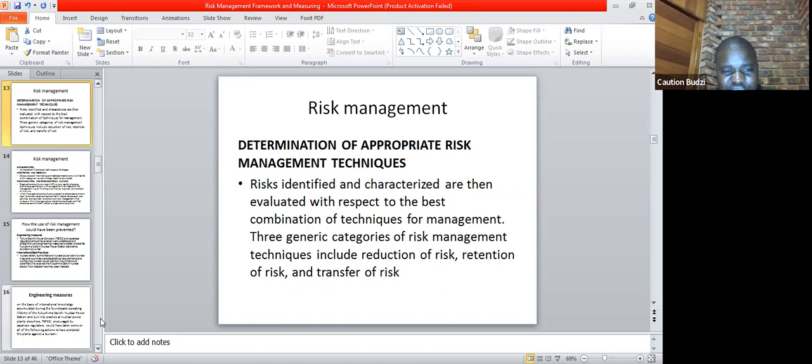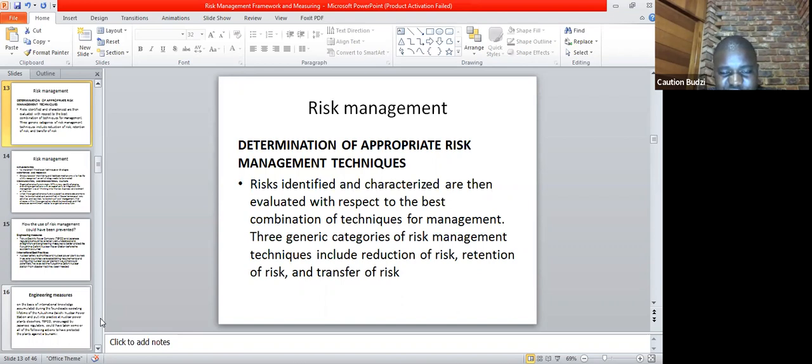It was also necessary for them to determine an appropriate risk management technique. To some extent, these guys identified this, but they didn't put in place the appropriate risk management techniques to try and avoid this risk. Generally, there are three generic categories of risk management techniques, which include risk reduction, risk retention, and risk transfer.